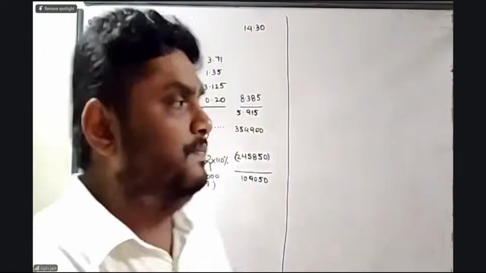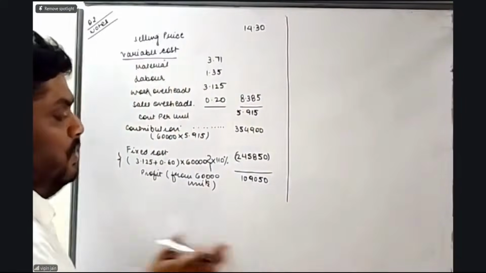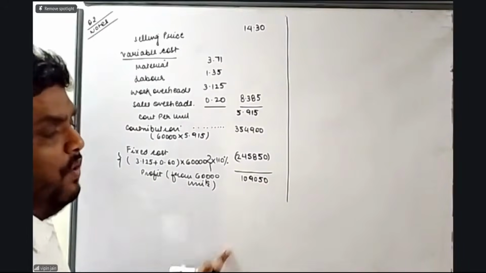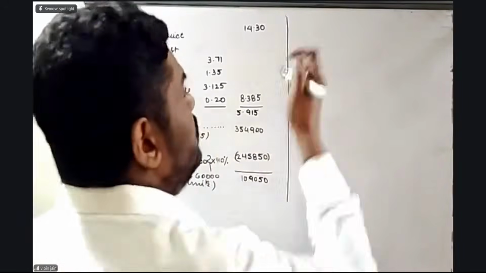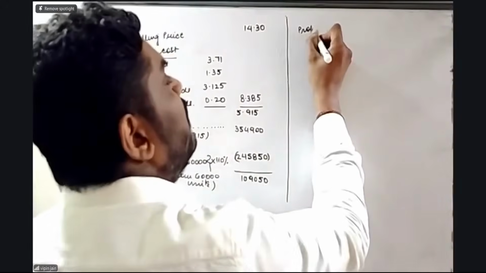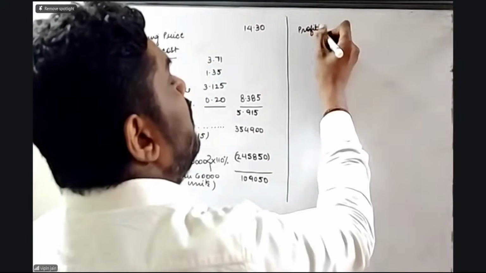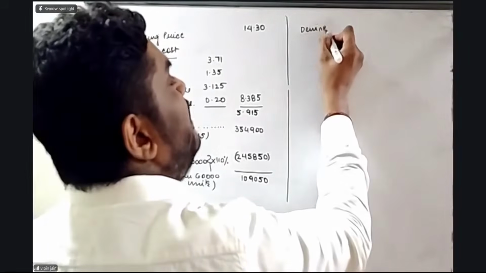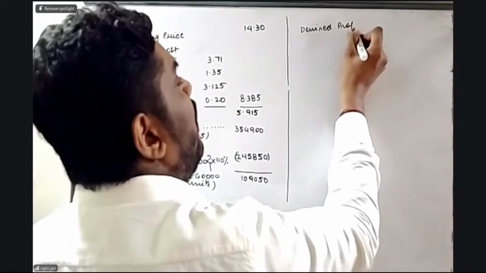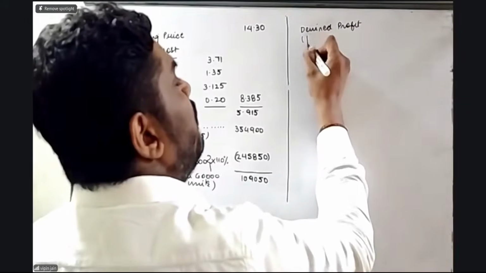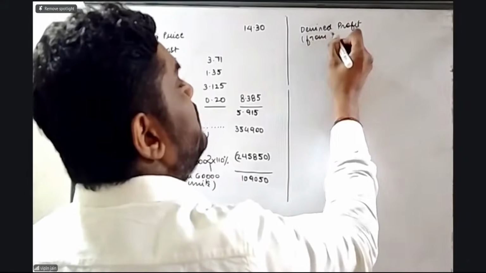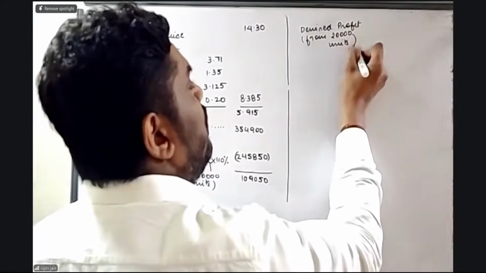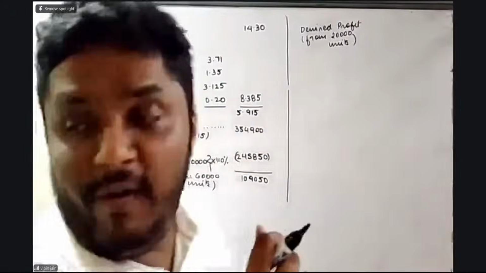Rest everyone incorrect answer. So see now, profit from 60,000 units, 109050. So desired profit from 20,000 units will be how much? See, overall profit expected.